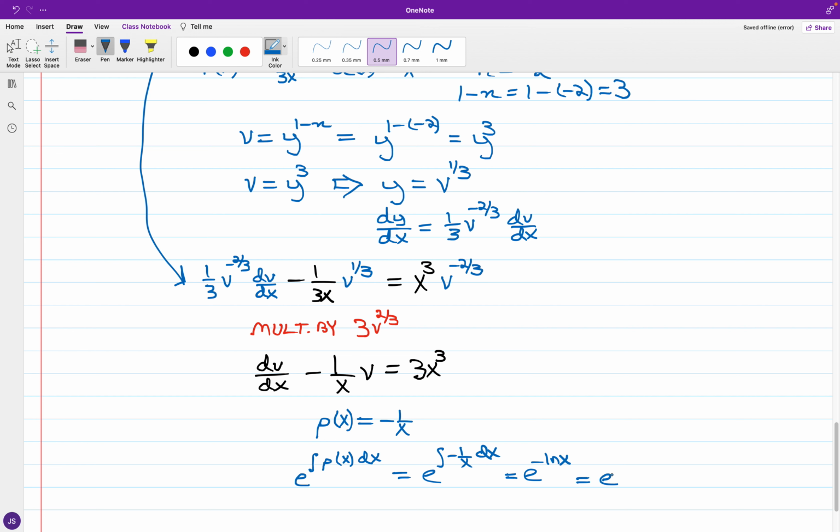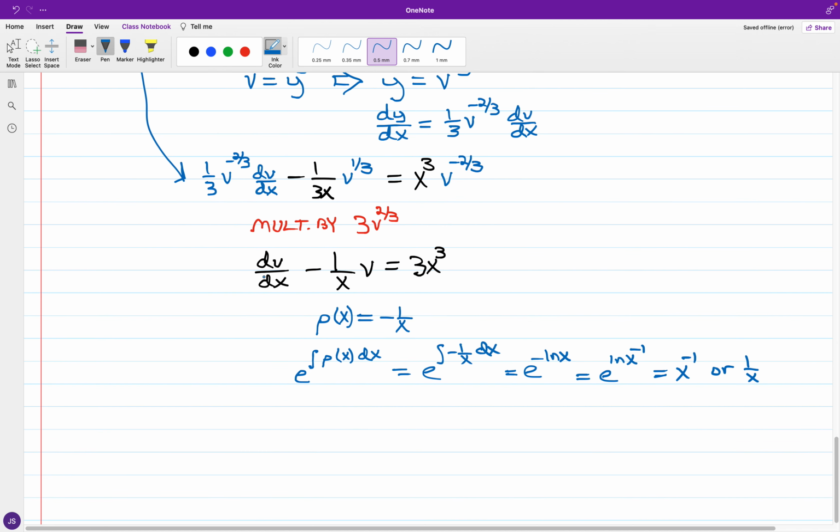Again, we can go from coefficient to exponent, where we have e to the natural logarithm of x to the negative 1, and so with the integrating factor, we can say that we have x to the negative 1, or the reciprocal of x.